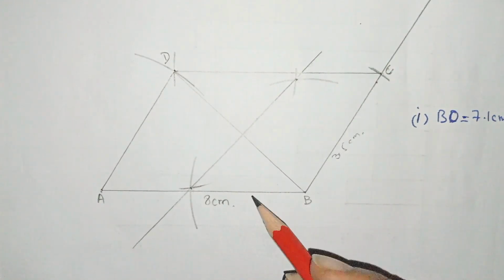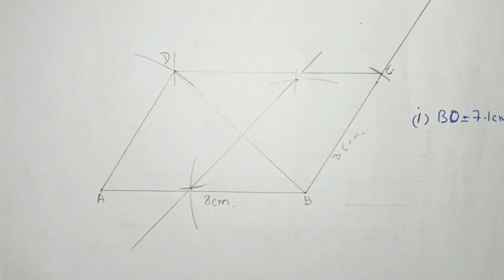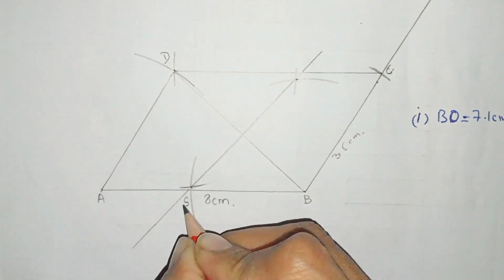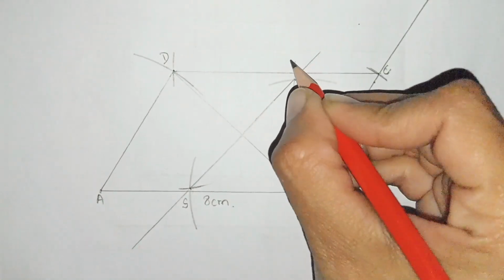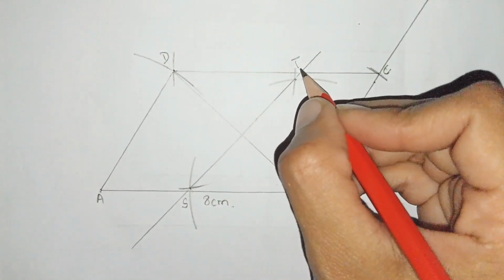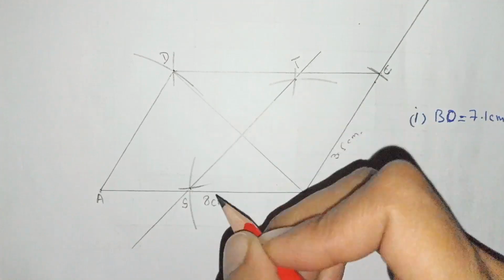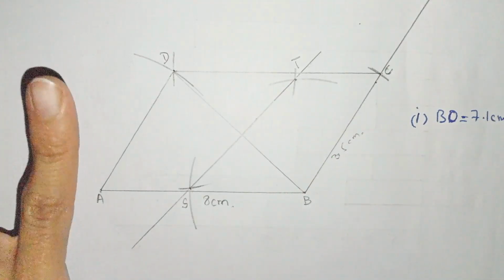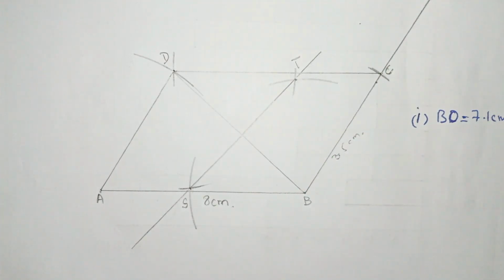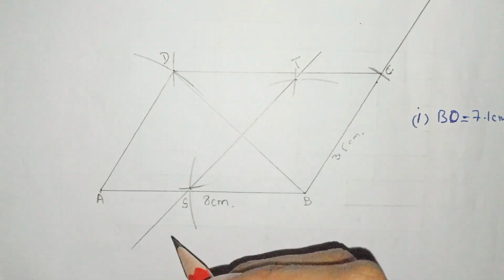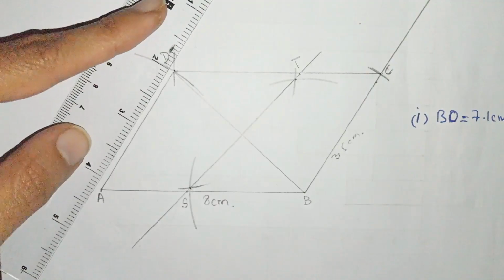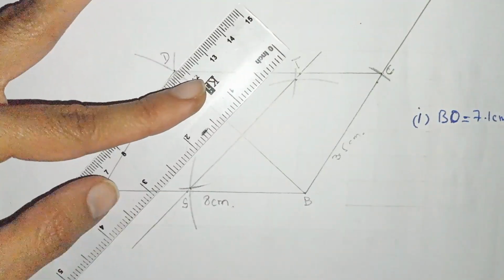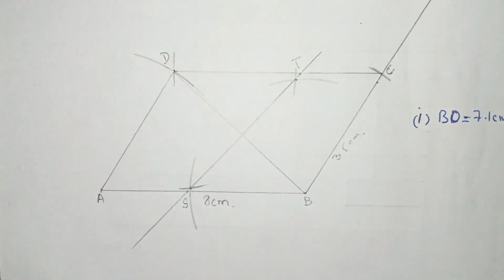Where it cuts AB, this is the point S. And where it cuts DC, this is the point T. And now we have to measure the line ST. It is given in part number 2 that we have to give those points names.